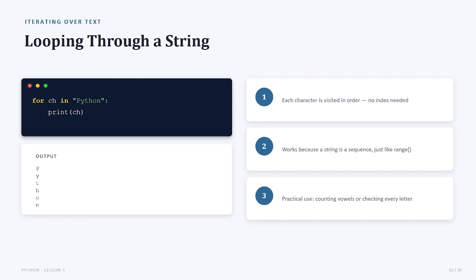Looping through a string. So far, we have used loops with numbers, but here's something interesting. We can also use a for loop to go through a string. Remember what a string is. A string is simply a sequence of characters. For example, name is equal to Python.